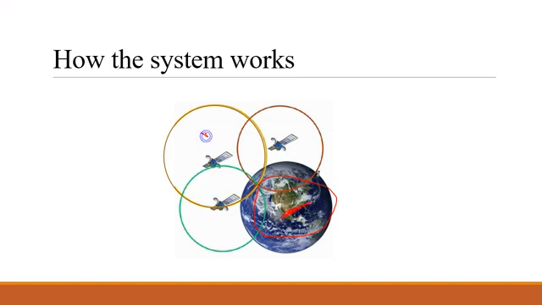This one is for X, this one is for Y, this one is for Z, and this 4th one is for T, delta T or time. So all 4 satellites are necessary to pinpoint the position of a GPS receiver on the surface of the Earth. This method is known as trilateration, in which a minimum of 4 satellites are required.